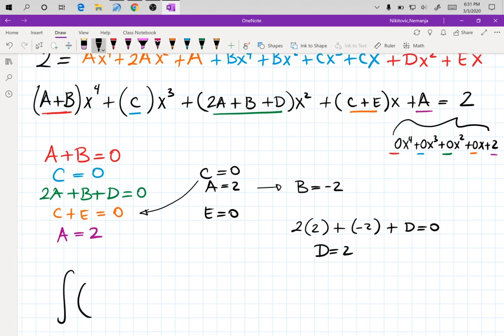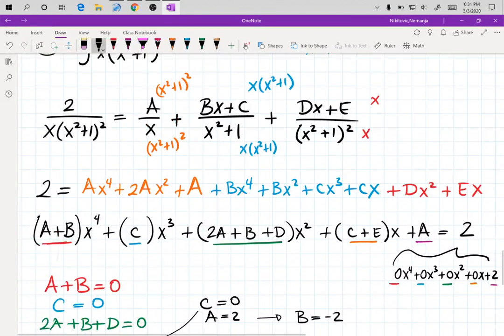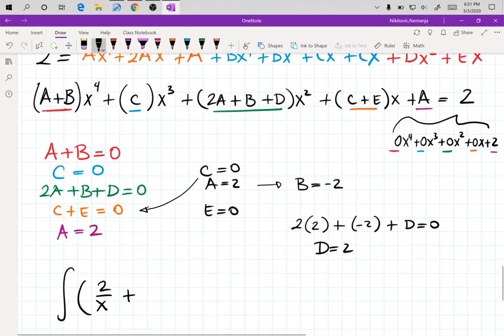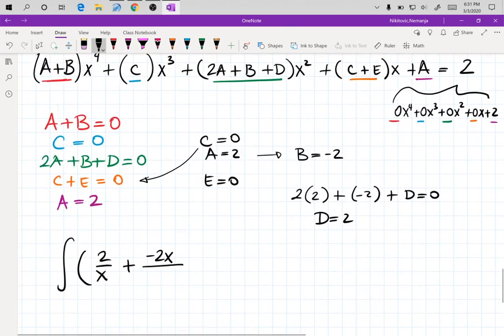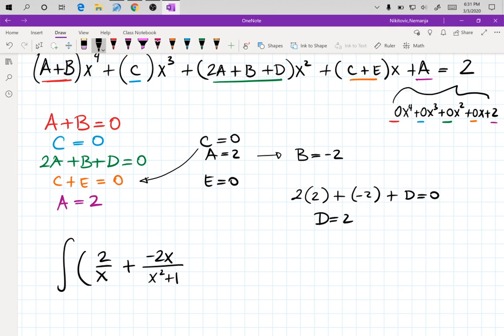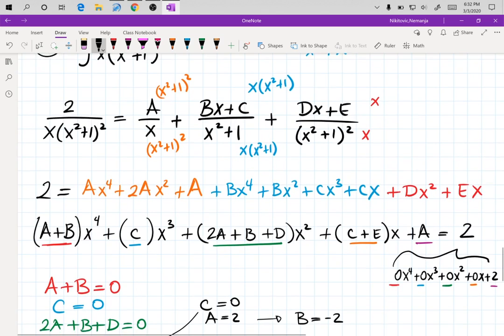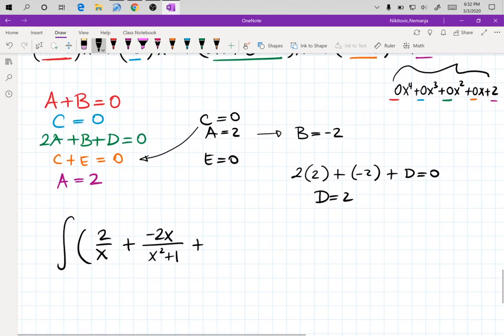I have integral, open parenthesis, 2 over x, plus bx plus c, negative 2x plus c, c is 0. I am not worrying about that one. And I have x squared plus 1 on the bottom. Plus the last one is what? Dx plus e. Dx plus e is 0. And I have x squared plus 1 squared.